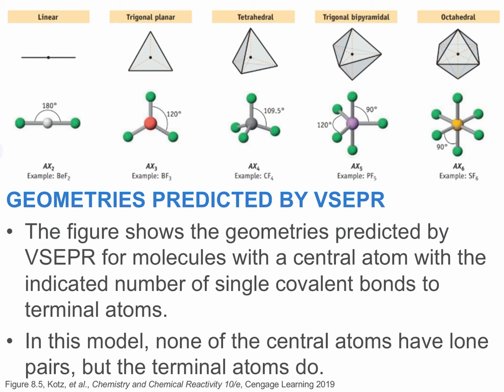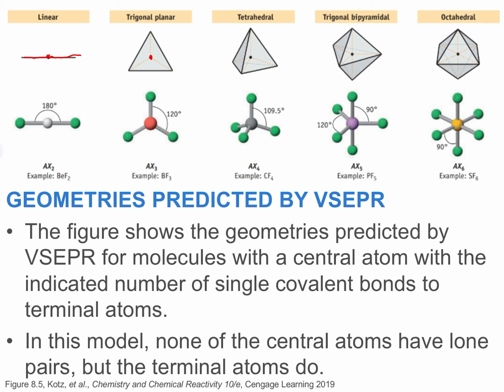So we get something that looks like this, and you might remember when we did our model building exercise a while ago, we looked at some compounds like this. If we have a central atom and we have 2 groups of electrons, then when they get as far apart from each other as possible, that gives you a 180-degree angle and a linear shape.